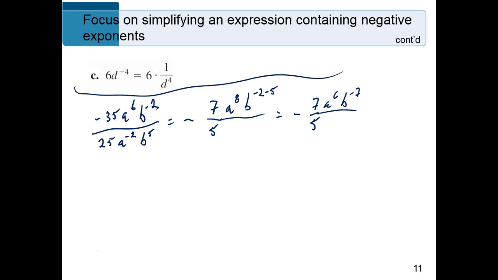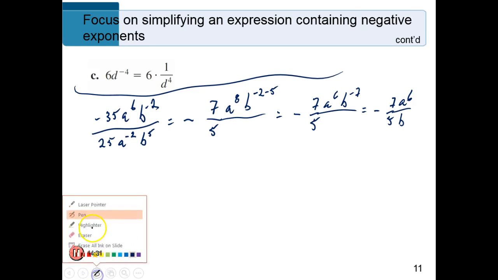Yes, move b to the bottom because that's a negative exponent, so that would be a negative 7/5. And the a to the 6 stays upstairs, and what happens downstairs? It's 7a to the 8, right? I can't read my writing.